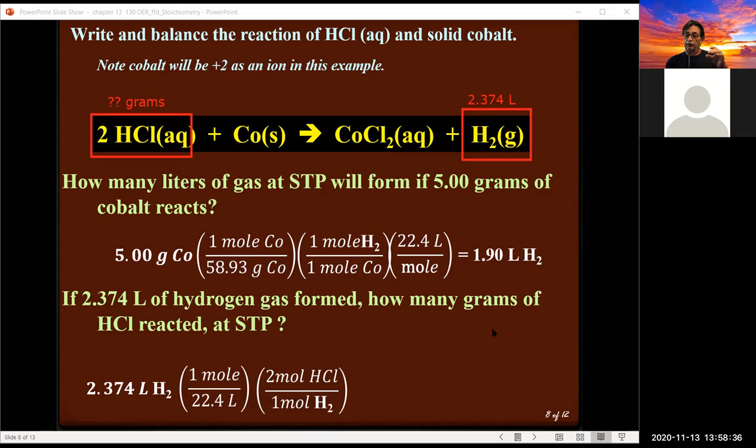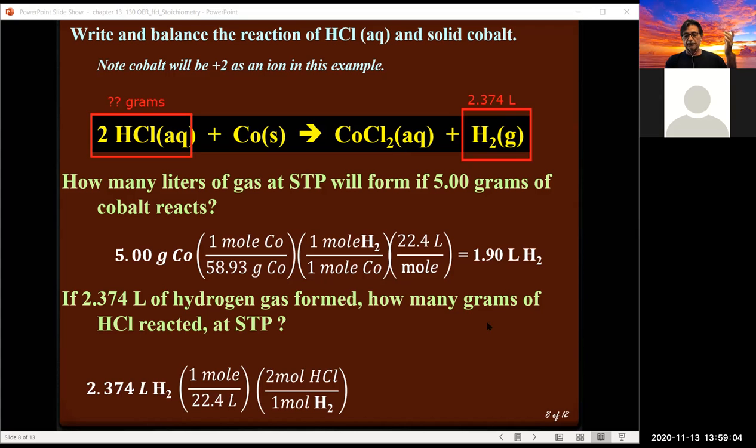Remember, whether I start with liters or I start with grams, I gotta get to moles. That's my first step. And if I start with grams, then like the previous example, I need the molar mass. If I start with liters, then I'm at STP, then I can use that relationship. If I'm not at STP, I'm at liters, I can't do anything at this point. I'm stuck there. I can't move.